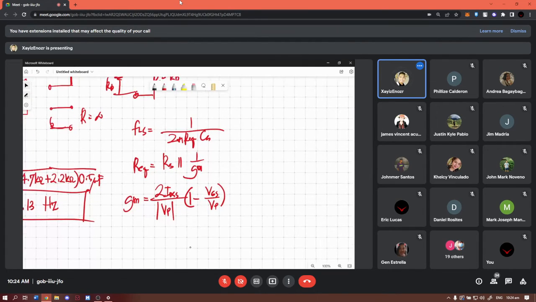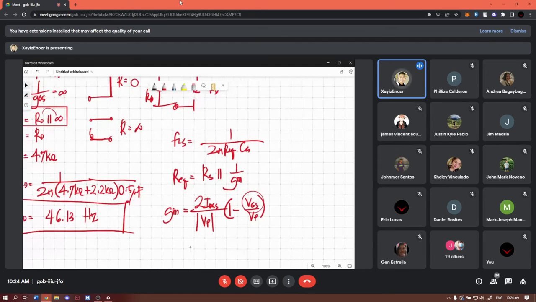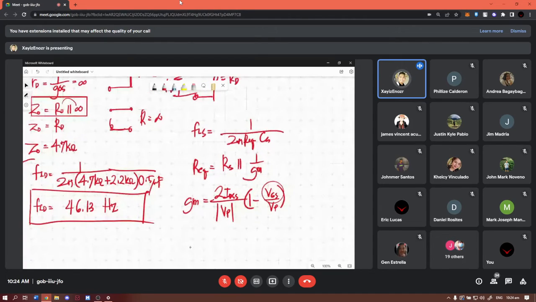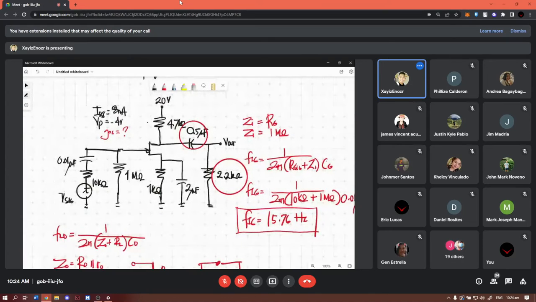Okay, so para ma-determine si VGS, ang gagawin natin is DC analysis. Copyhin ko lang yung circuit.